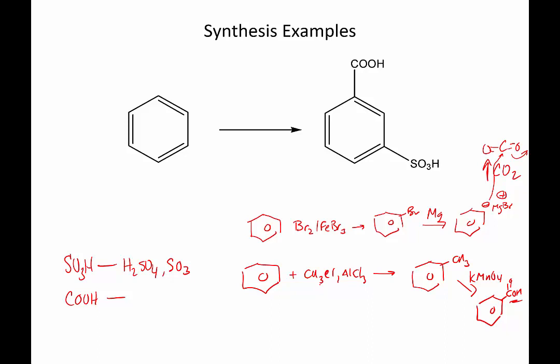So if I want to, I could put the methyl group on, convert it to COOH, and then add the sulfur trioxide, sulfuric acid. Okay. But that's what we need to know. We just don't know enough reactions right now to add the groups to the rings that we would like to. So we need more of those reactions.